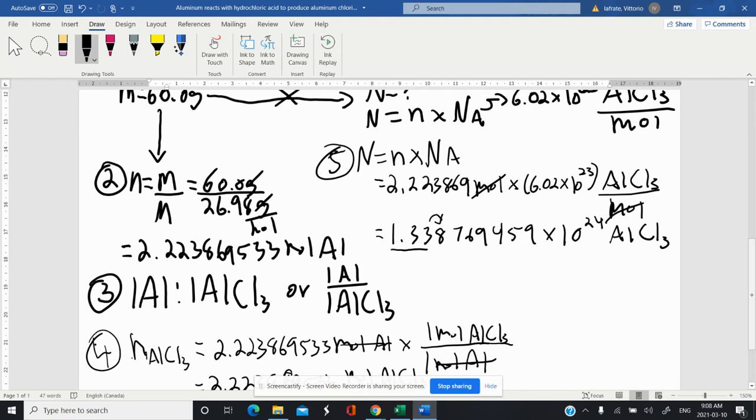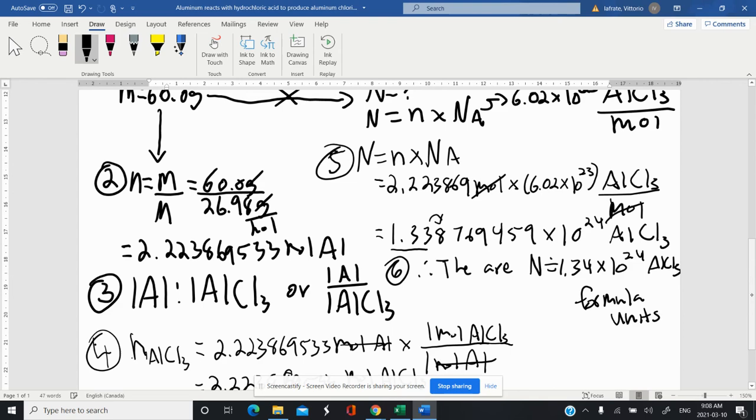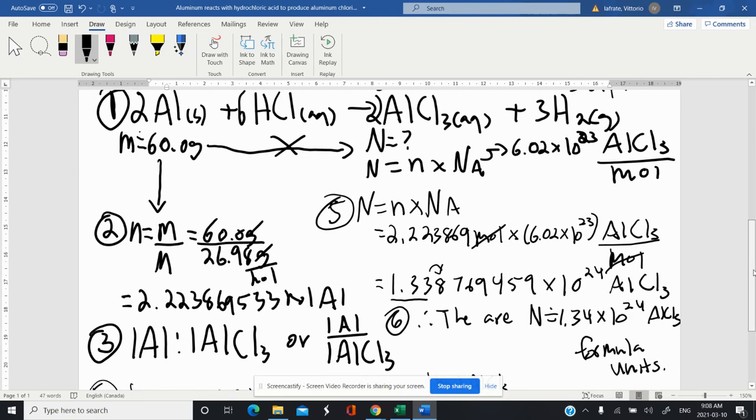Let's do our step 6: therefore, there are approximately 1.34 times 10 to the power of 24 aluminum chloride formula units or particles. And that is the final answer, rounded to the correct number of significant figures.